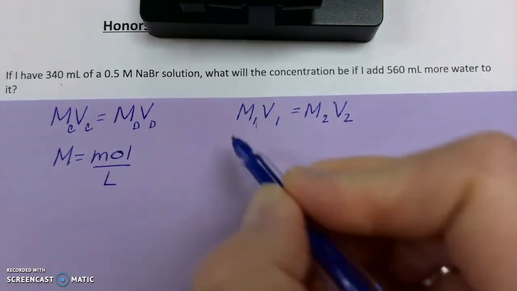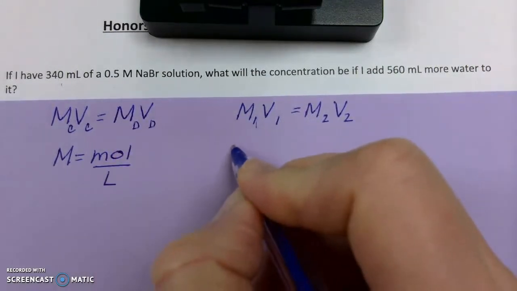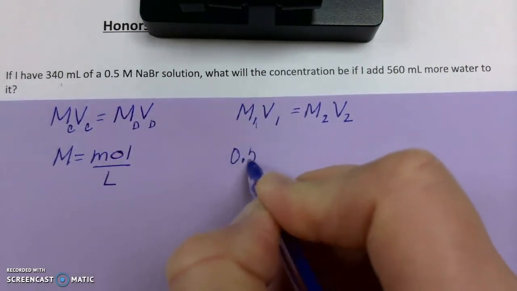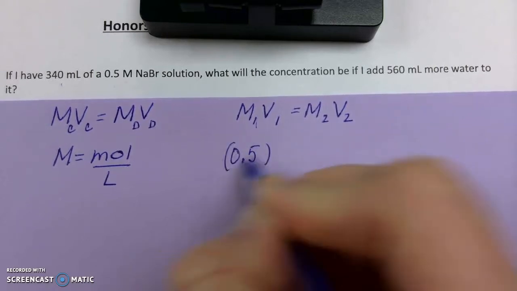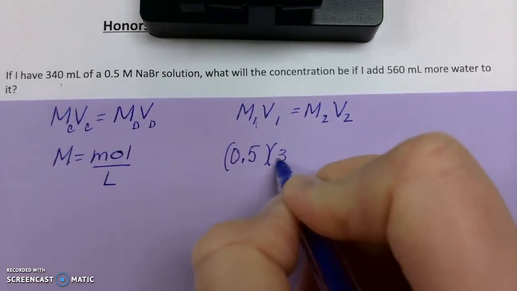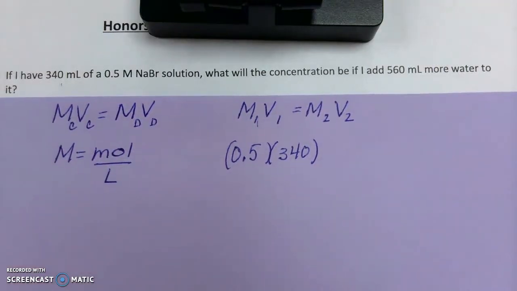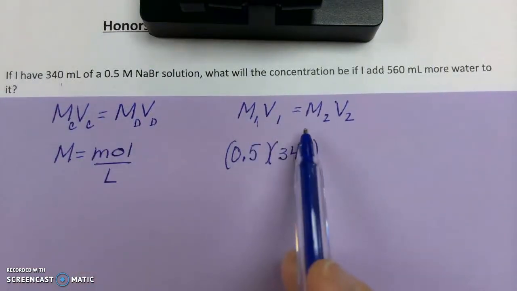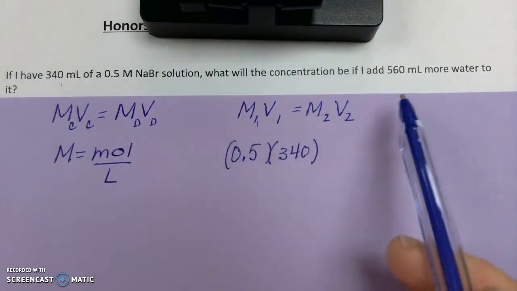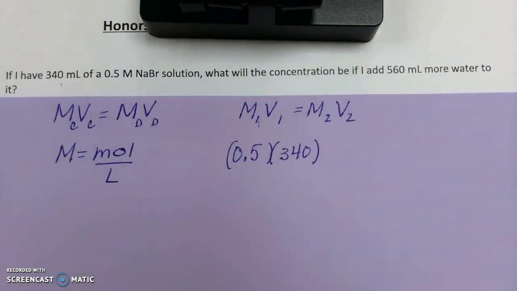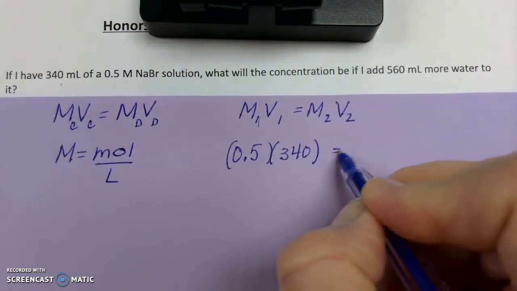So our original concentration or molarity is 0.5. The original volume is 340. It's in milliliters. It doesn't matter that it's in milliliters or liters for this equation compared to this equation. Since they're both in milliliters, you don't have to convert anything.